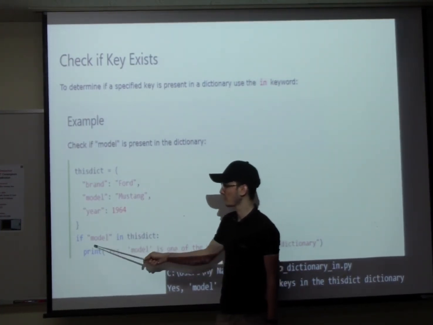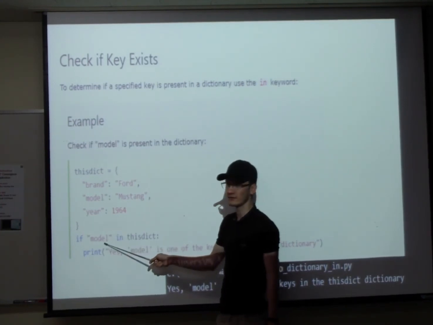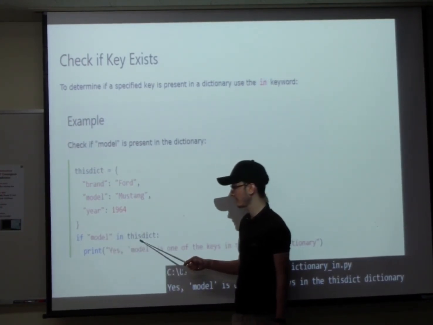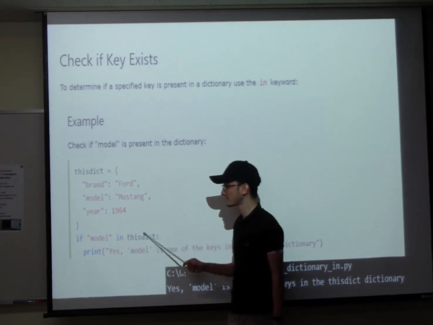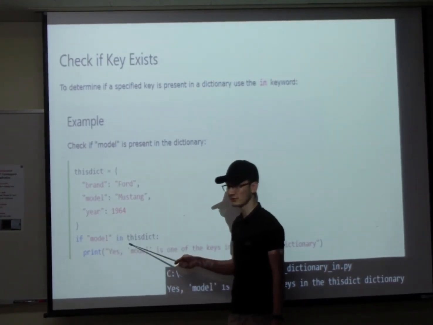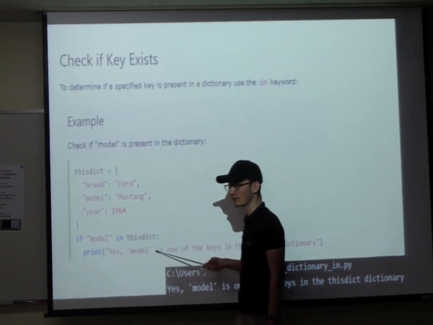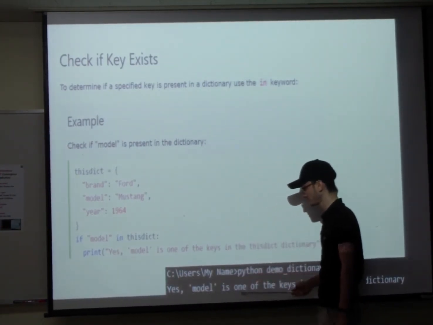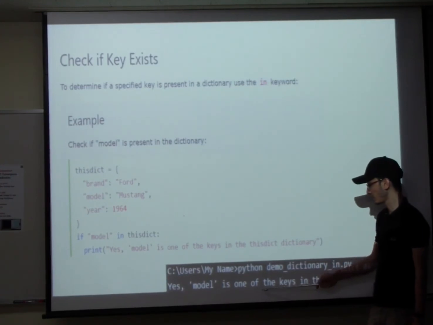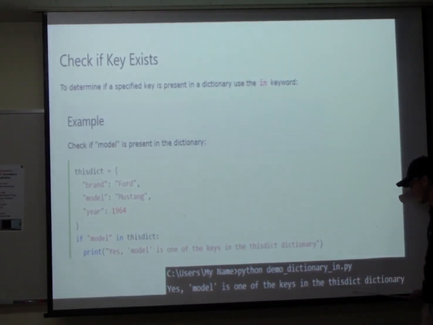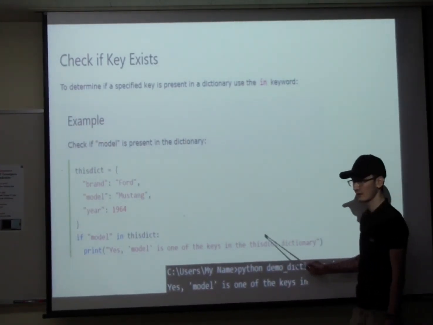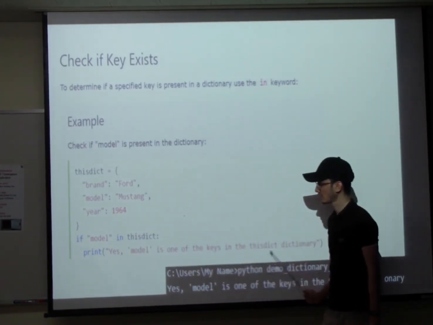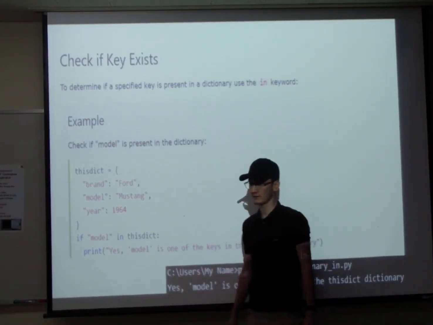We are checking whether we have this keyword in the dictionary. If the condition is true, this code will work. Otherwise, it will not work. So it's working. Yes, model is one of the keys in the existing dictionary. So the print function is working.